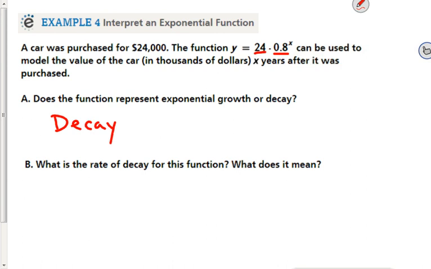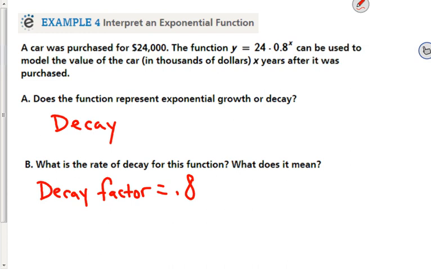So the decay factor is going to equal 0.8. It's that b value right there in the exponential function. The decay factor is 0.8. Now, since that is less than 1, we know that the value of the car is decreasing. It's decaying. Now, the next question is, by how much is it decreasing each year?